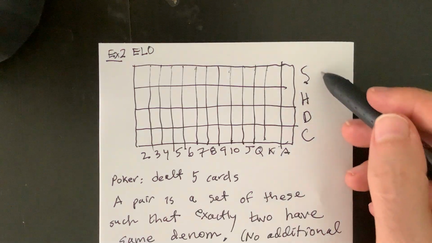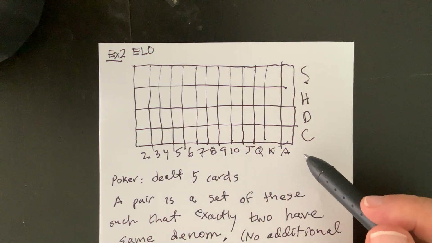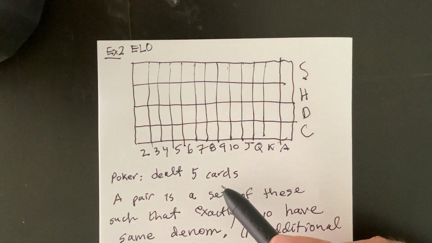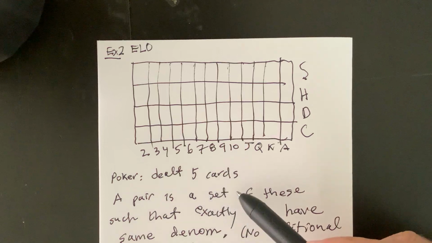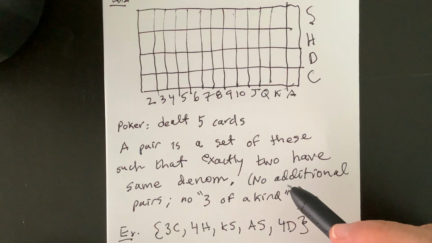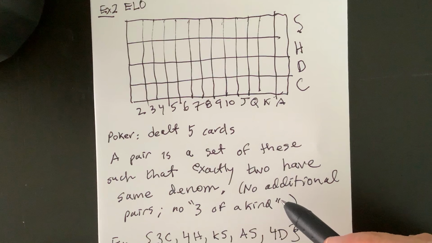And then you have four suits. So you can make different hands based on the suits and the denominations. In one type of poker, you're dealt five cards. And one type of hand, which is pretty low down on the hierarchy of the power of the hands, is called a pair.